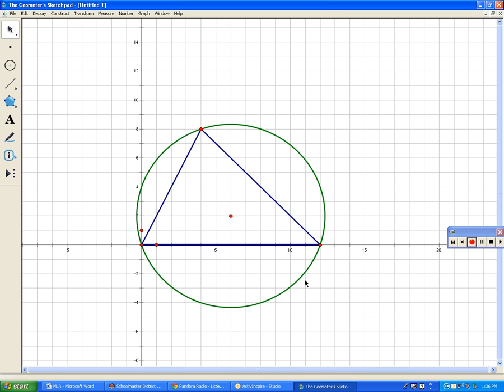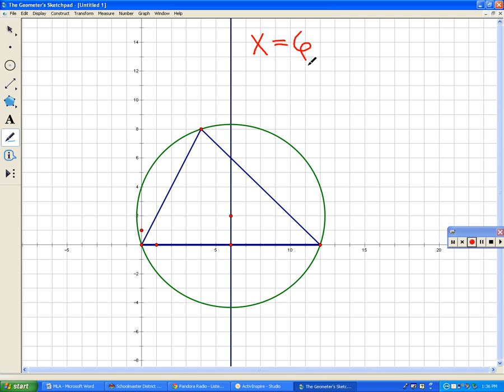That was really easy because if this has a length of 12, halfway in the middle is going to be 6, right? This has a slope of 0, so my line that goes through there is going to have a slope of straight up and down. And so the equation for this line is x equals 6.